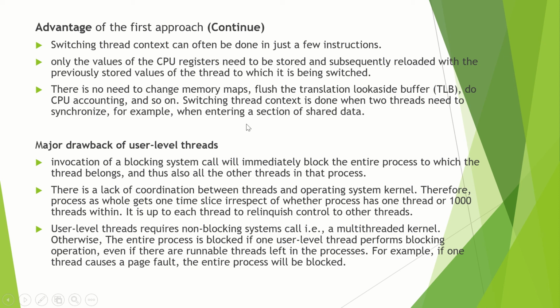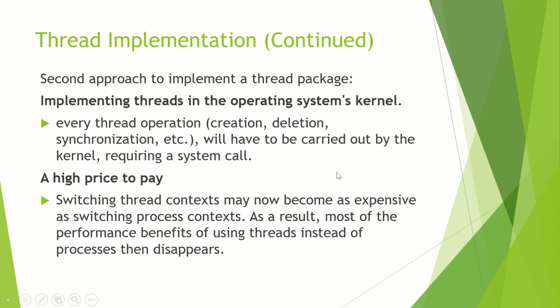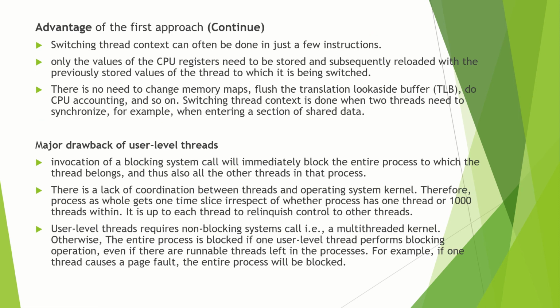But there is also a disadvantage of using the user level thread. First, invocation of a blocking system call will immediately block the entire process to which the thread belongs, and thus all other threads in that process. Let's say you have thread 1, thread 2, and thread 3, and this is the process.